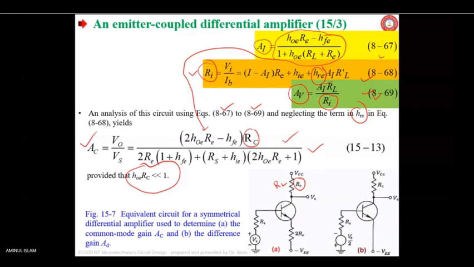Can it be simplified and obtained or not? Aman? Yes, sir, it can be. We just have to put in the values and we can get these based on these conditions.